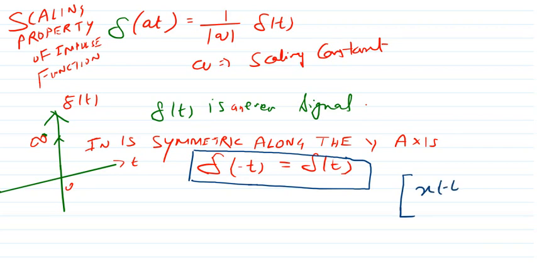If x of t equals x of minus t, then it is an even signal. If the signal satisfies this property, then x of minus t should be equal to x of t. So this is an even signal.